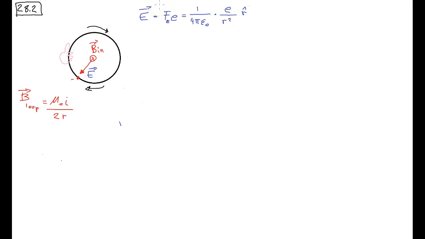And here I'm just going to put perpendicular to the orbital plane. So that will allow you to figure out the size of the electric field. This will allow you to figure out the size of the magnetic field.